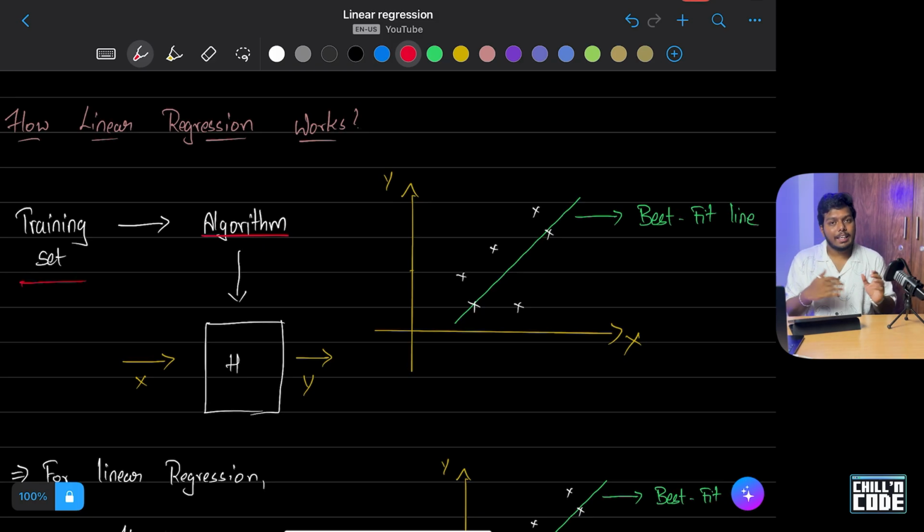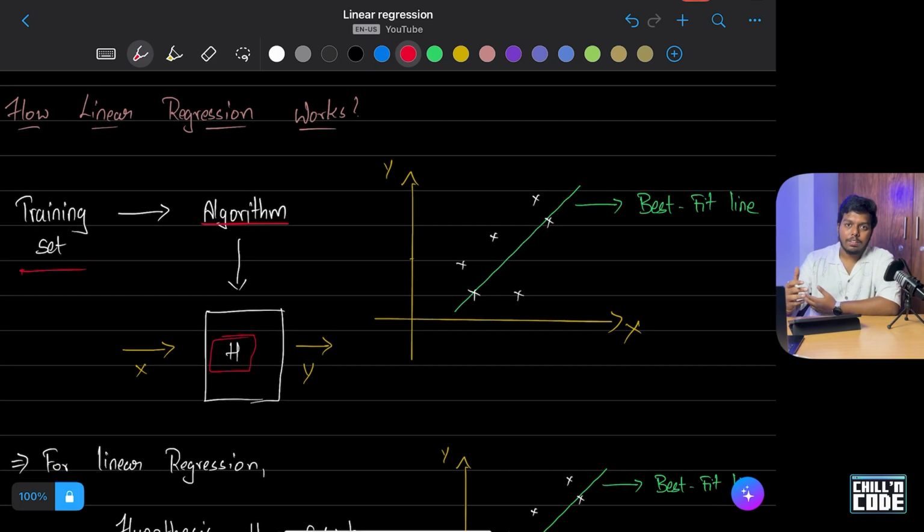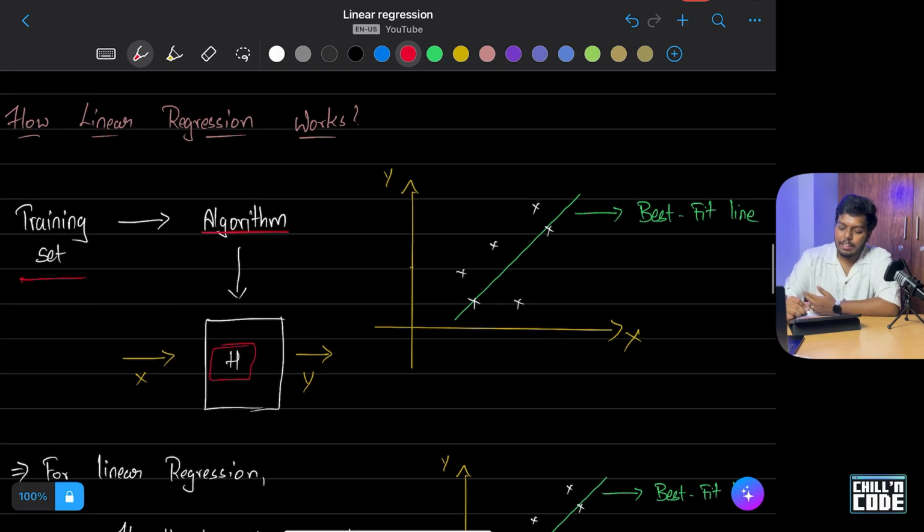It analyzes the relationship between them and gives a function as output. We call that function the hypothesis. Once the hypothesis is ready, the model is ready to take an unseen input and try to predict the outputs. If you see on the right hand side, we can consider this green line as the hypothesis.